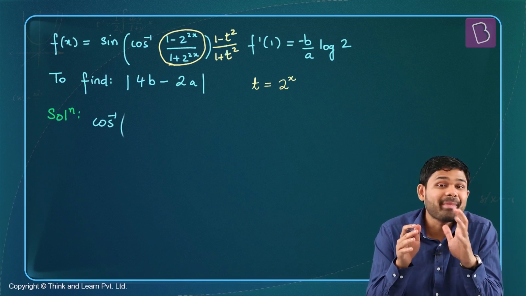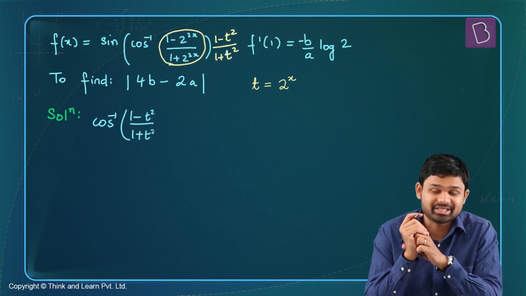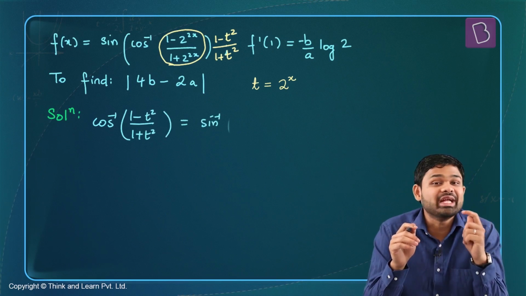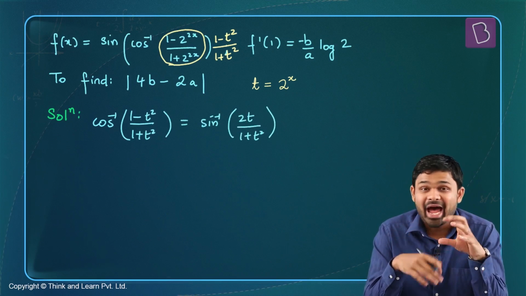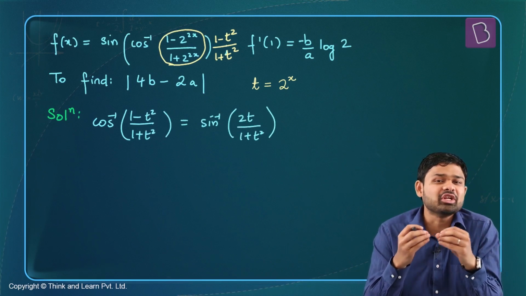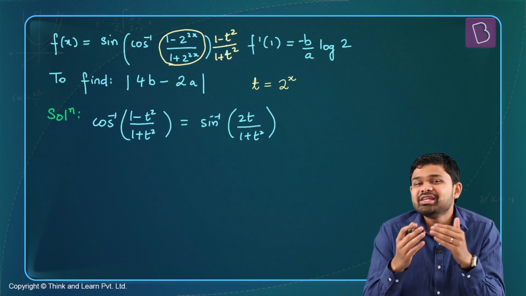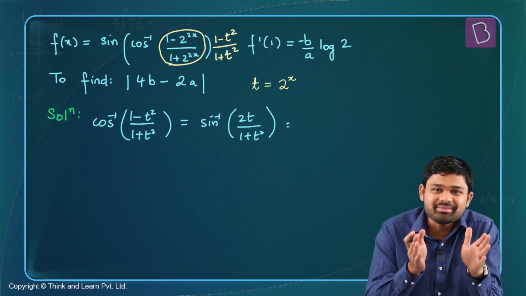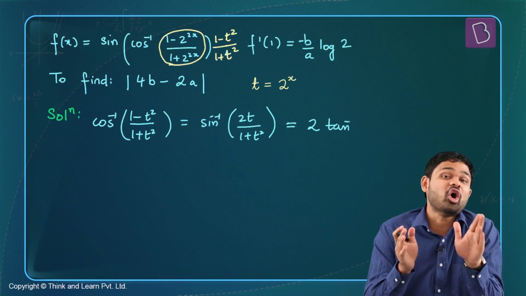Cos inverse of (1 minus t square) divided by (1 plus t square). Now that is nothing but sine inverse of 2t divided by 1 plus t square, and we are getting all these using the relation between half angles of tan and sine and cos and all these relations. So this was nothing but 2 times tan inverse of t.